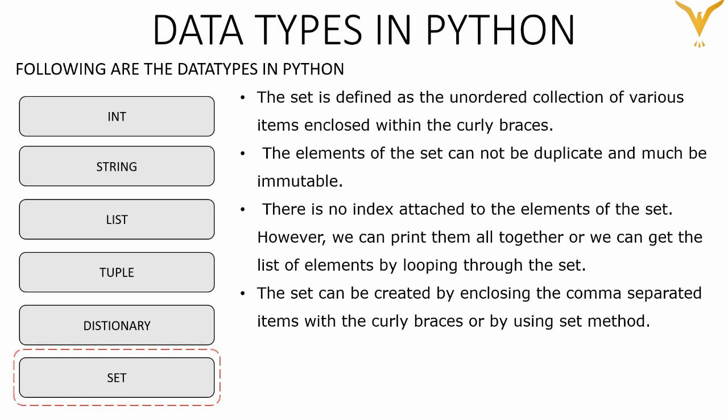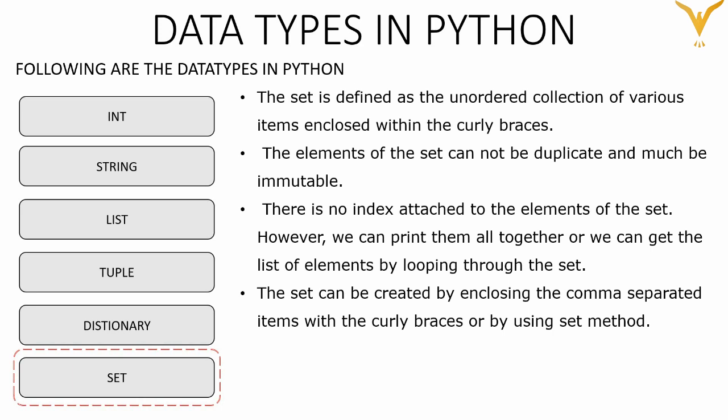There is no index attached to the elements of a set. It means that we cannot access the values of a set using an index number as we did in lists and tuples. So how are we going to access the elements in a set? We can access the elements by using loop statements or by printing them all together.